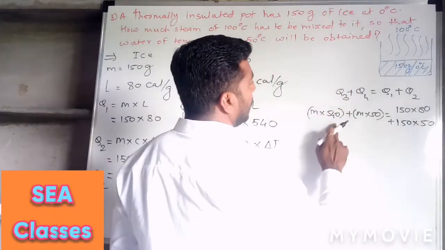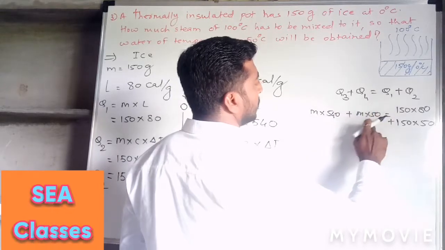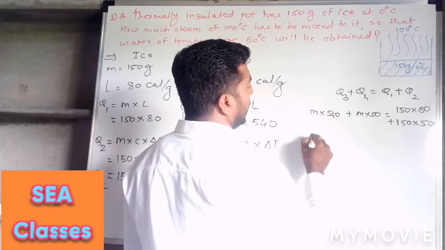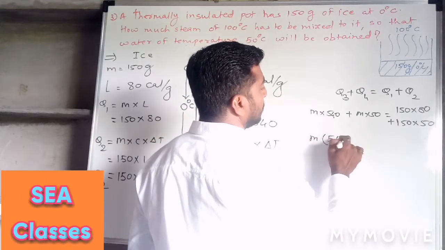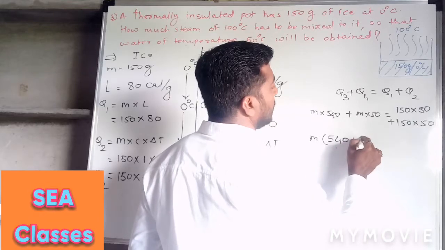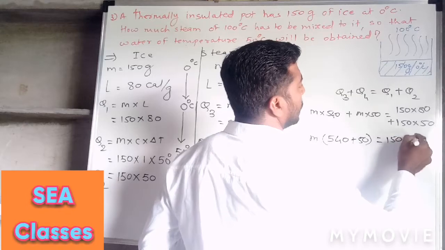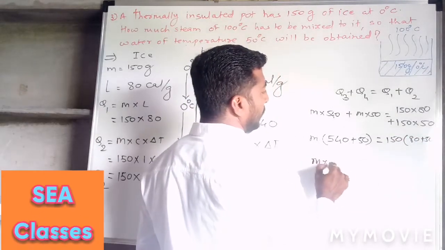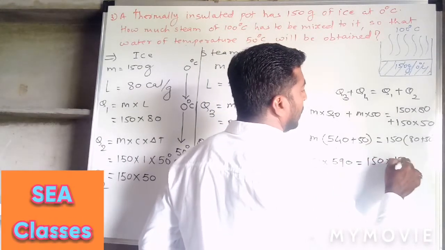Now you will see, I will open this bracket. Here in these two you will have m common. So take m common. What remains there? 540 plus 50. Here 150 is common. So what remains is 80 plus 50. So it will be m into 590 and it will be 150 into 130.